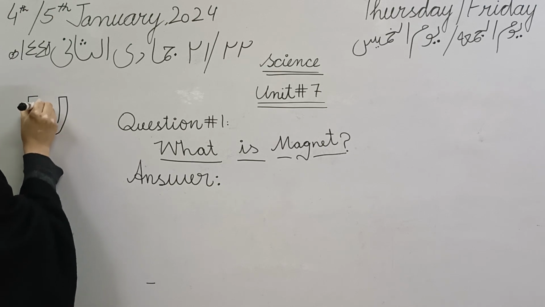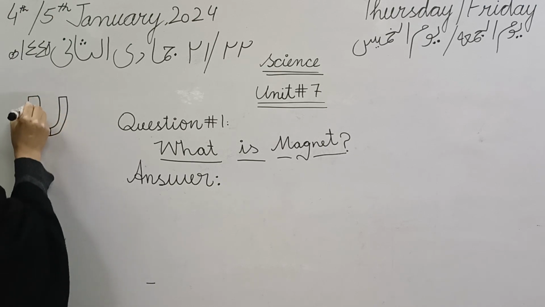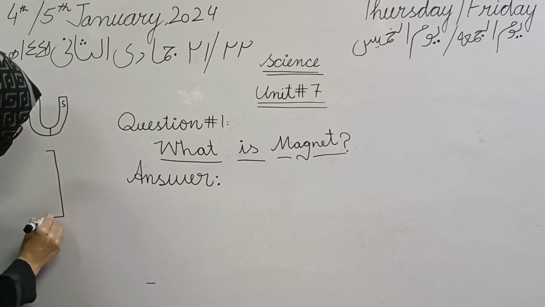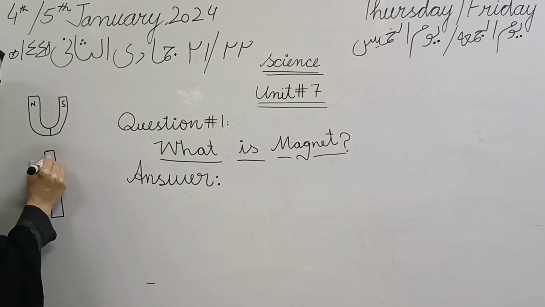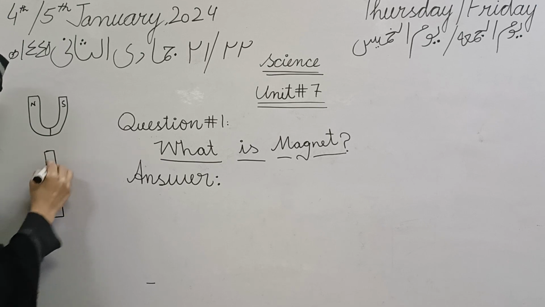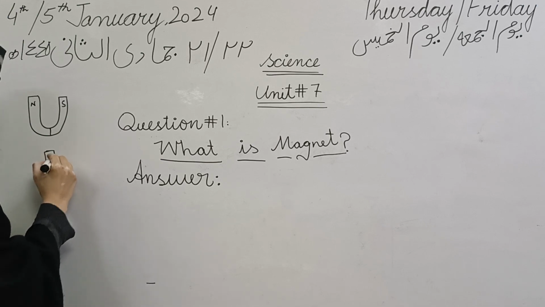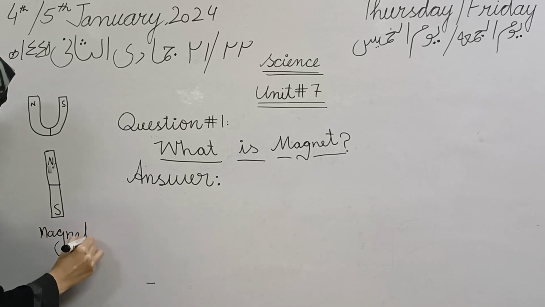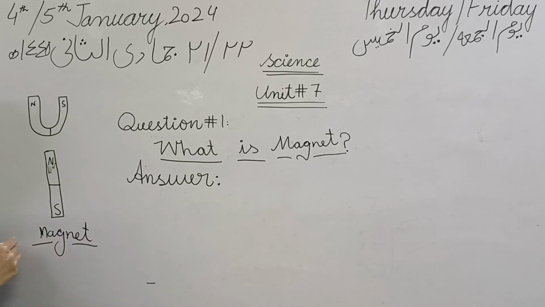So, a U magnet. It has North Pole and South Pole. Okay?